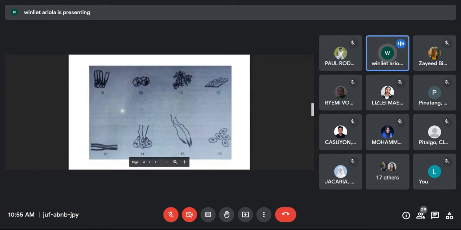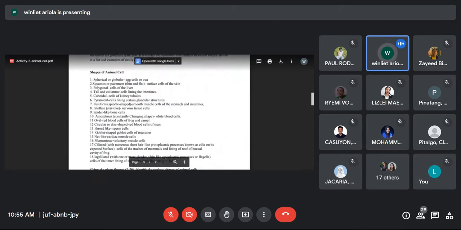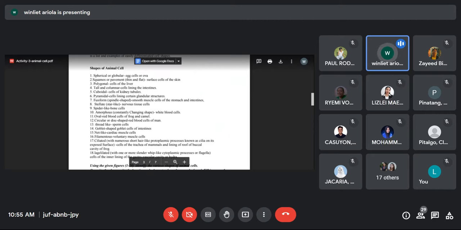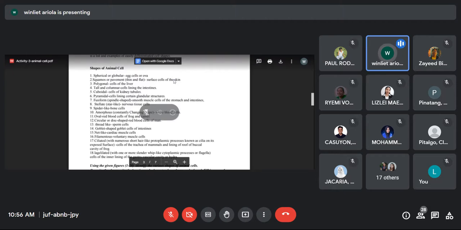So remember dito din, may binigay ako na different shapes of cells. So I want you to be familiarized na not naman all, no? So ito lang. I want you to be familiarized with the different shapes of the cell and kung saan sila mahahanap sa body natin. So spherical or globular is egg cells or ova, no?